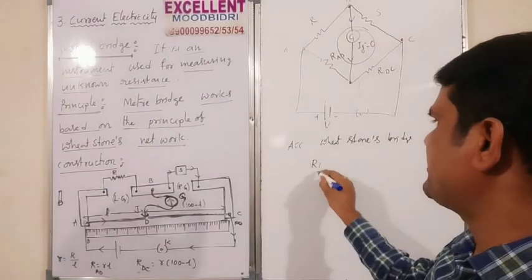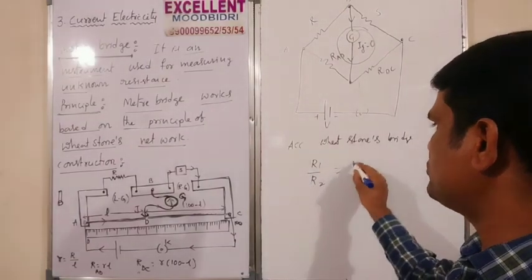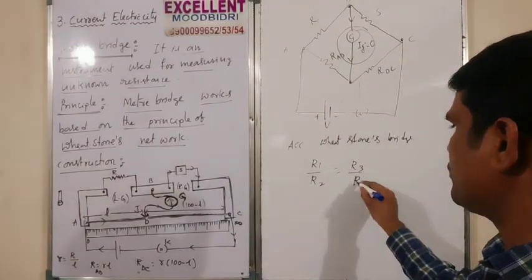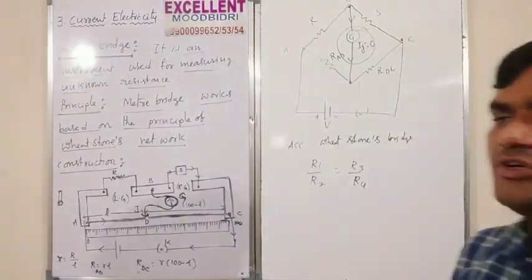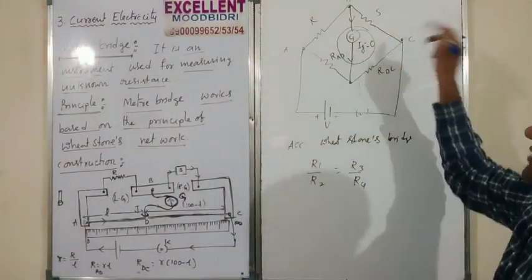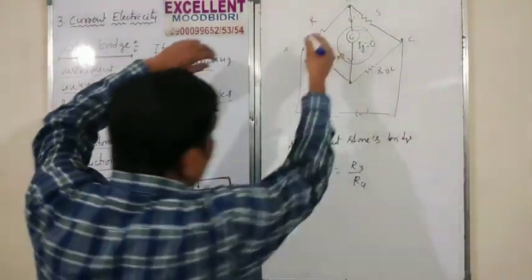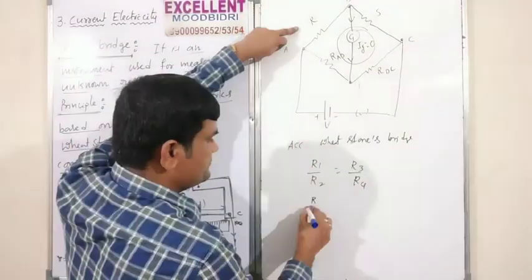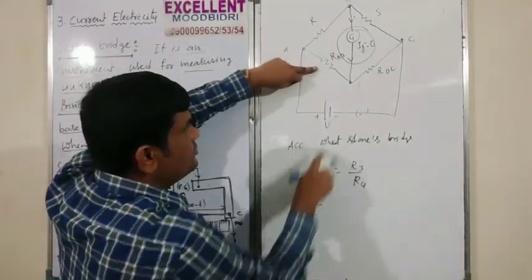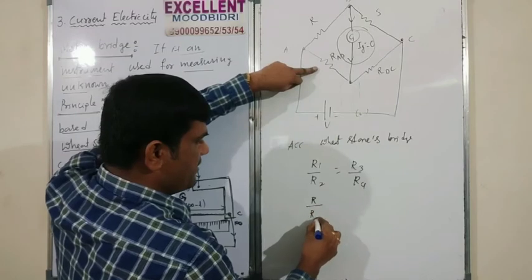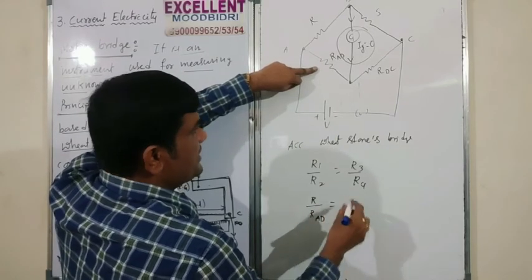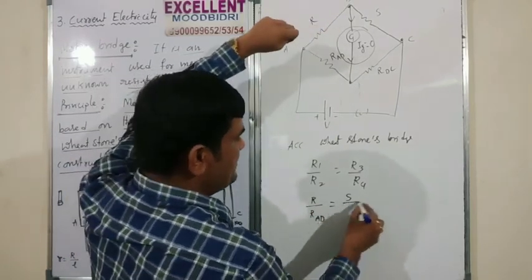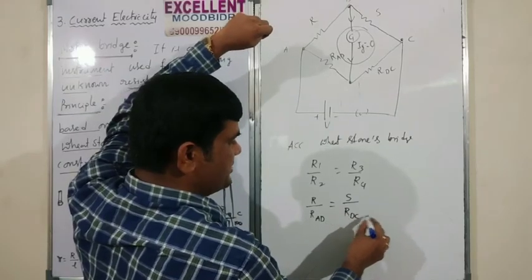R1 by R2 is equal to R3 by R4, or P by Q is equal to R by S. So R divided by S is equal to RAD divided by RDC.